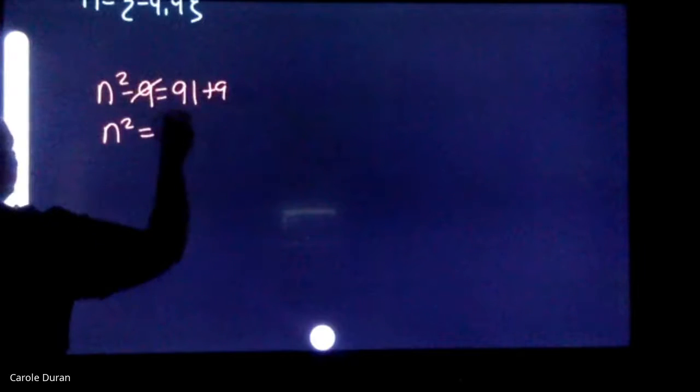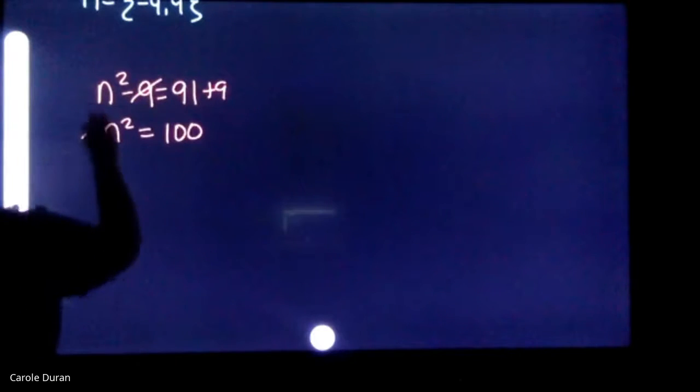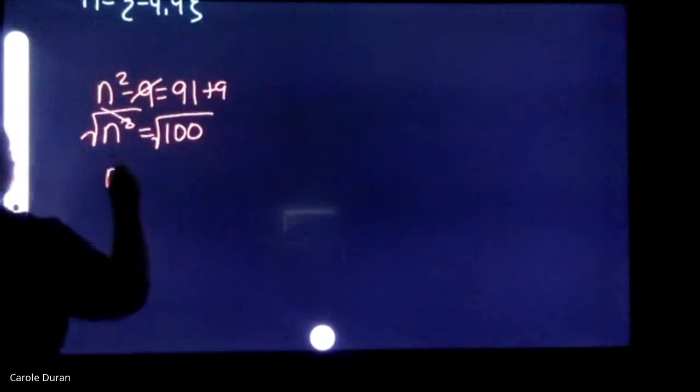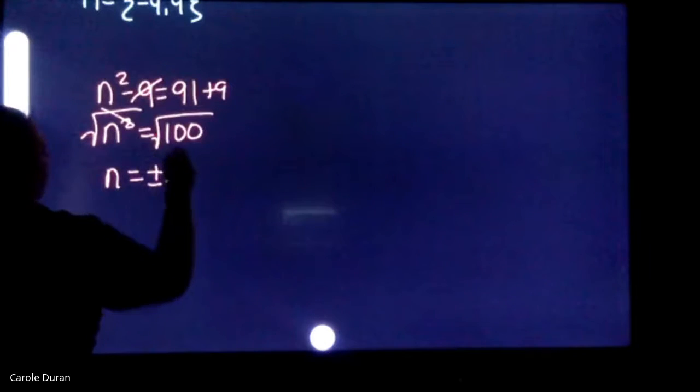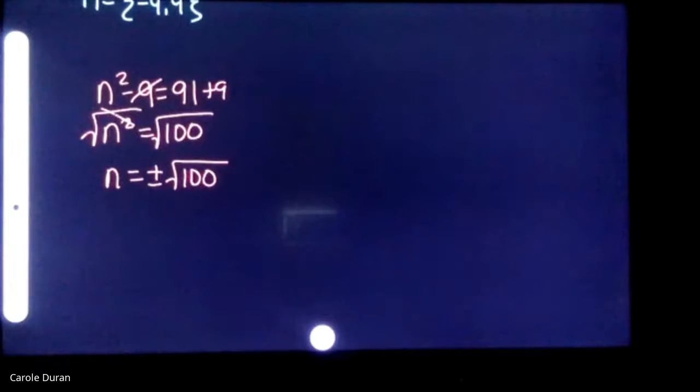When I add the 9 over, I get 91 plus 9 is 100. My goal here is to isolate or get the n by itself, so I need to get rid of the square. The only way to do that is to take the square root. A square and a square root cancel each other out. And then I'm left with n equals the positive and negative square root of 100.